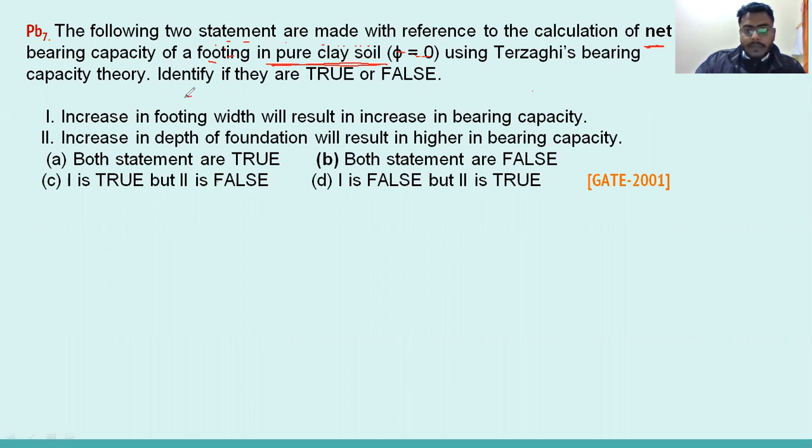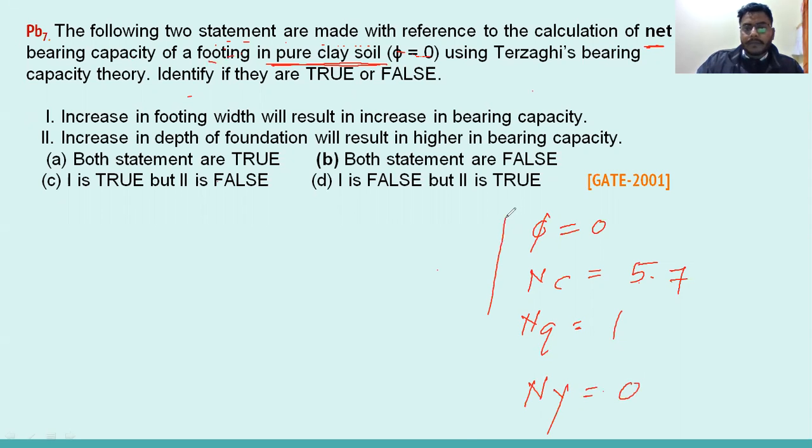See, in the question it is mentioned phi is equal to 0, so it means NC is 5.7, NQ is 1, N gamma is equal to 0, right? And it is asking about the QNU.